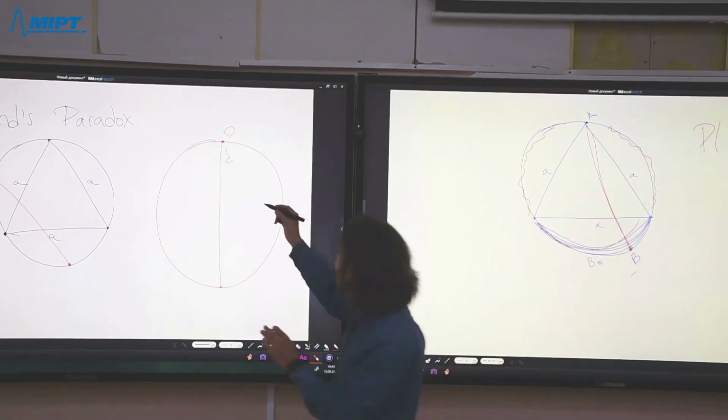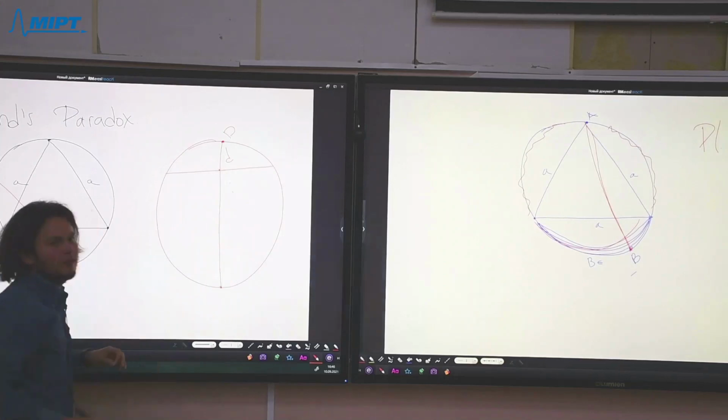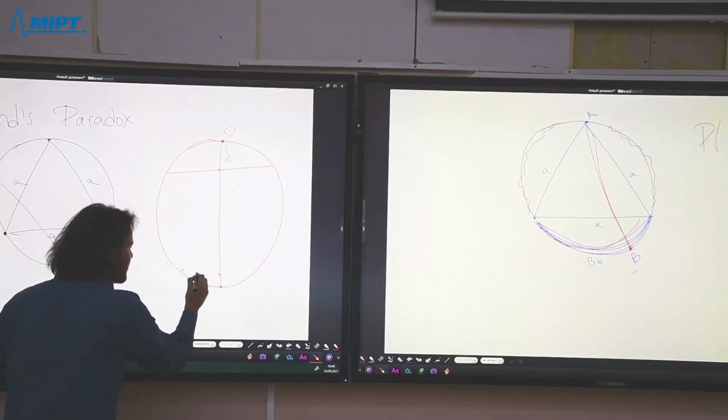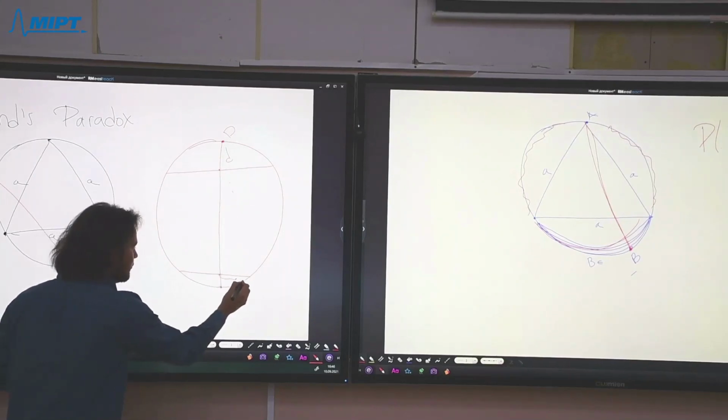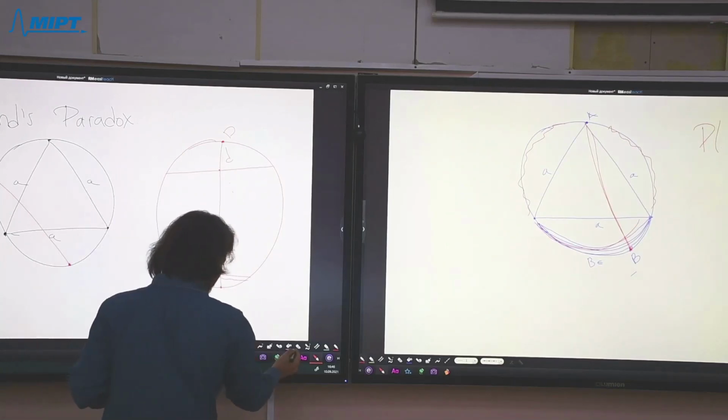So if we choose this point over here, then the chord is this. If we choose it here, then the chord is this, half. And we can draw the triangle again.